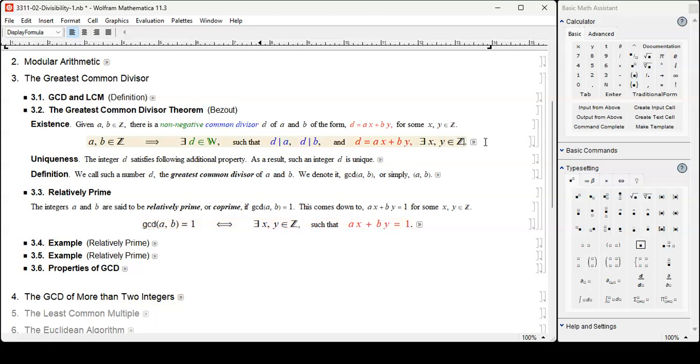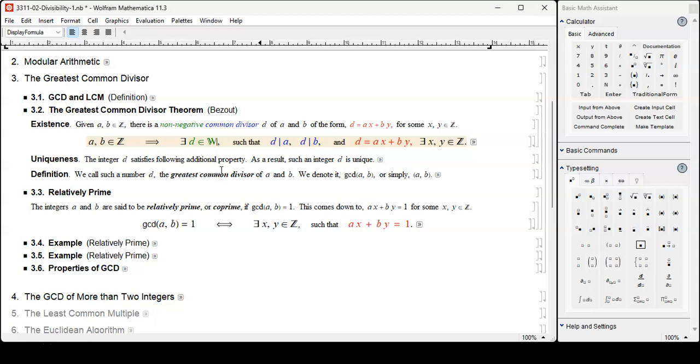The GCD has 3 conditions according to this Bezout's expression. Number 1, whole number, green. Number 2, common divisor, blue. And number 3, the linear combination, red. Remember this? RGB, green, blue, red, or whatever the order. But if your GCD is 1, then green and blue are automatic. 1 is certainly a whole number.